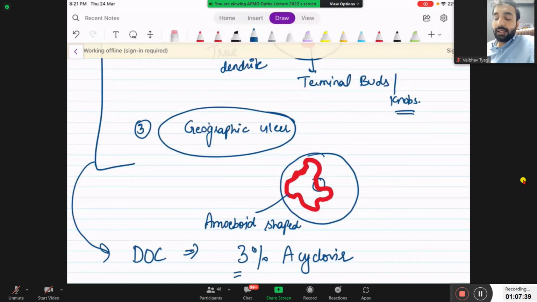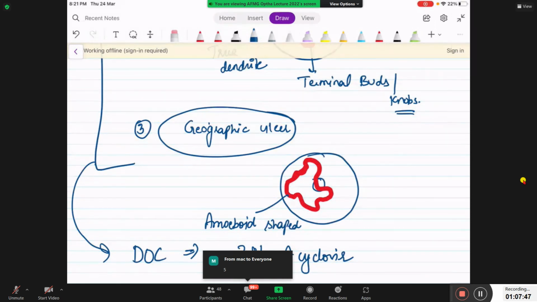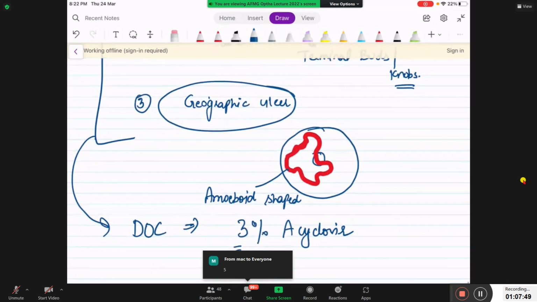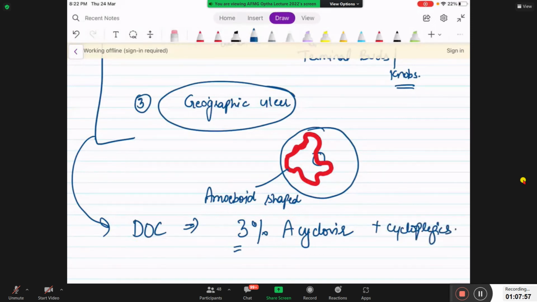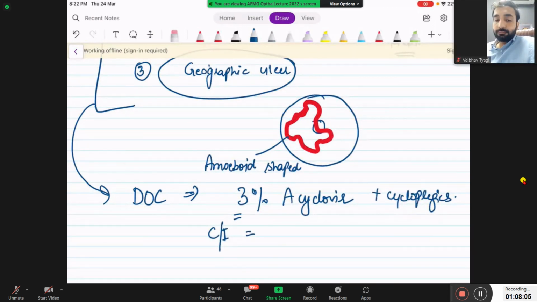Can you tell me what was the percentage of natamycin? Natamycin was 5%, whereas this acyclovir is 3%. So 3% acyclovir ointment is given with cycloplegics. What is contraindicated? Can you tell me which drug is contraindicated?